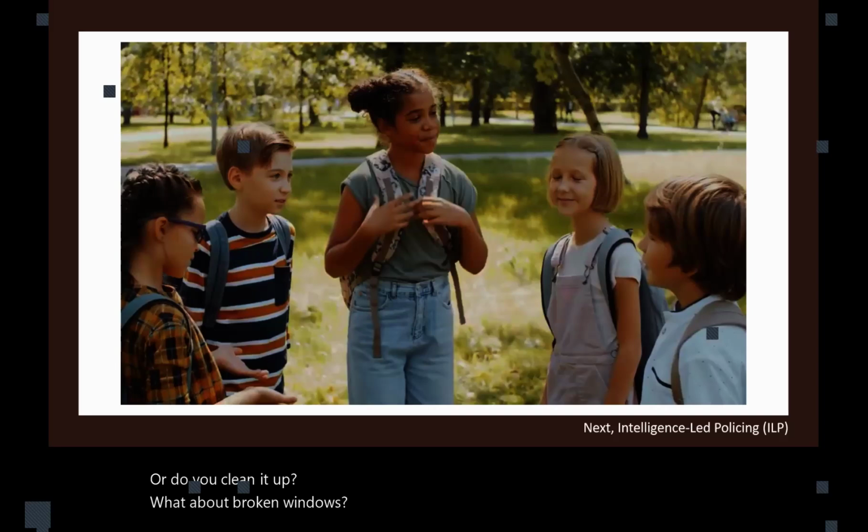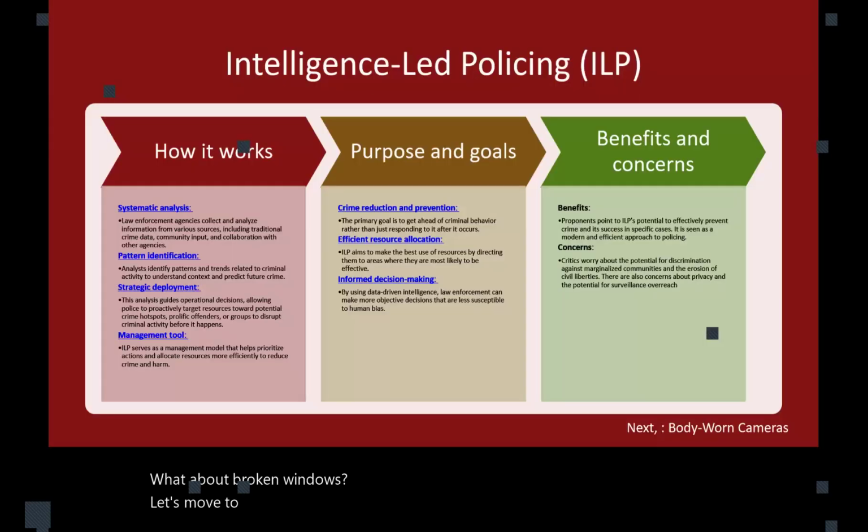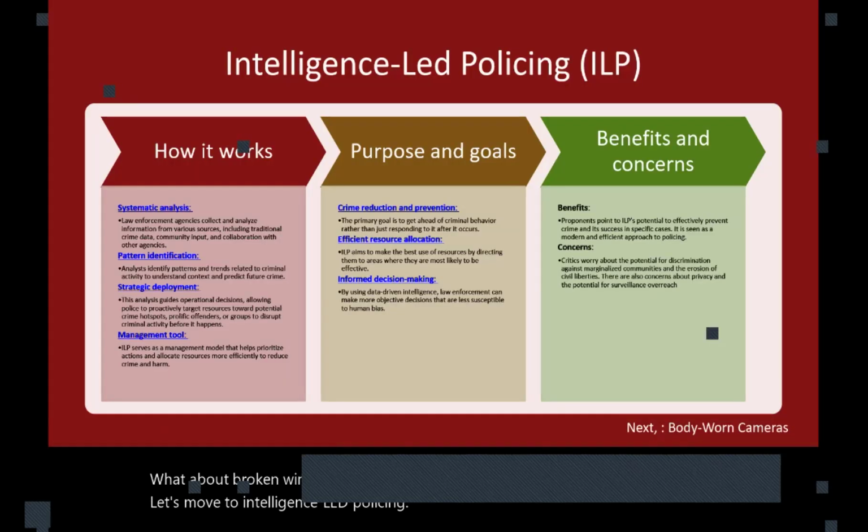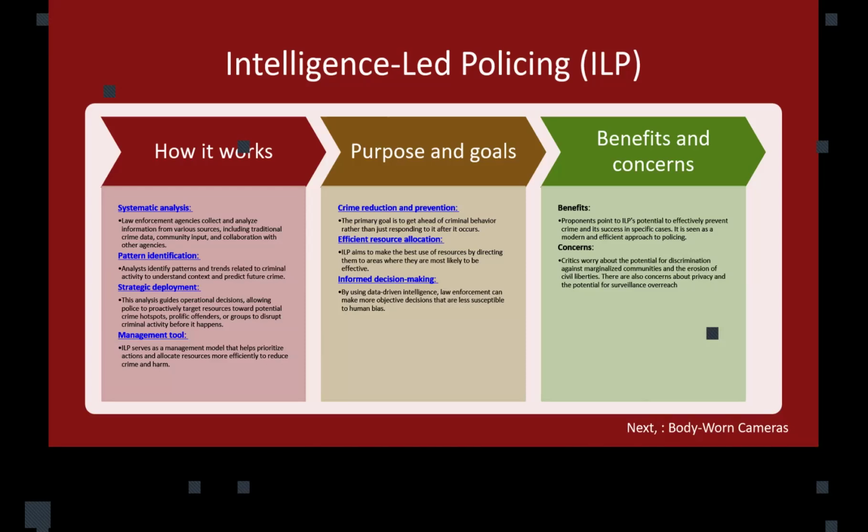Let's move to intelligence-led policing. Intelligence-led policing is a strategic law enforcement framework that uses data analysis and intelligence to proactively prevent, disrupt, and reduce crime by making more informed decisions about where and how to deploy resources.